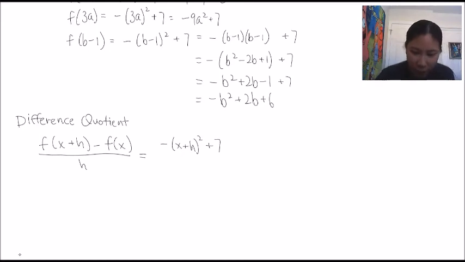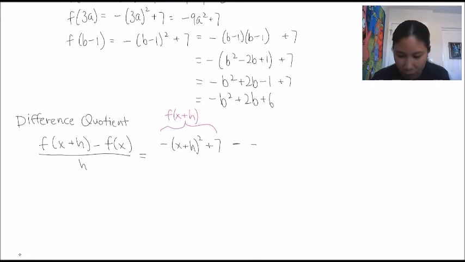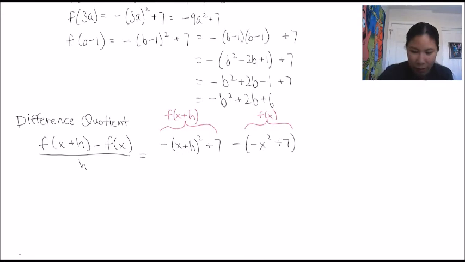That all right there is us plugging in f of x plus h. Then we're going to subtract f of x, which was just negative x squared plus 7. I'm going to leave that in parentheses because I want to make sure all my signs stay good. That's these two parts from our original difference quotient formula. Then we're doing all that and dividing by h.